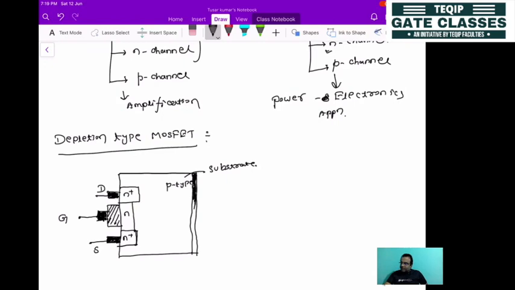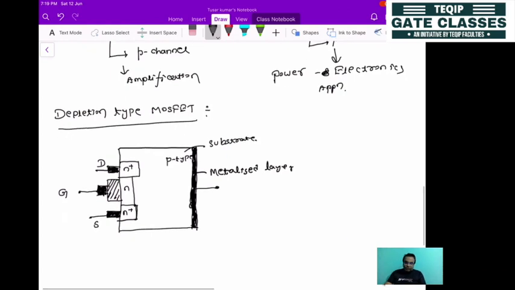This is one metallized layer, and this is the substrate point, which is also used as one of the contacts. Now this is the structure on a P-type substrate.